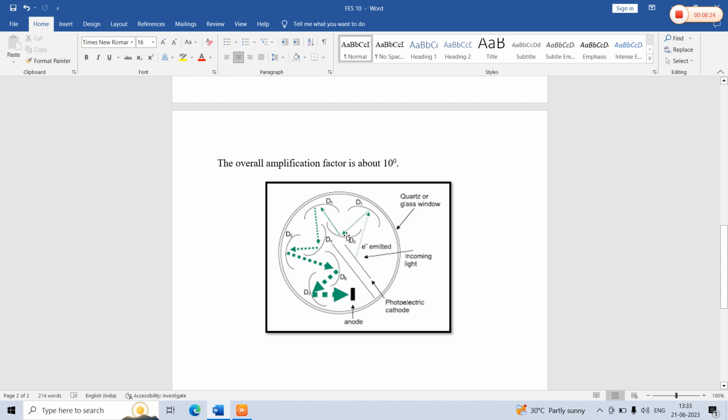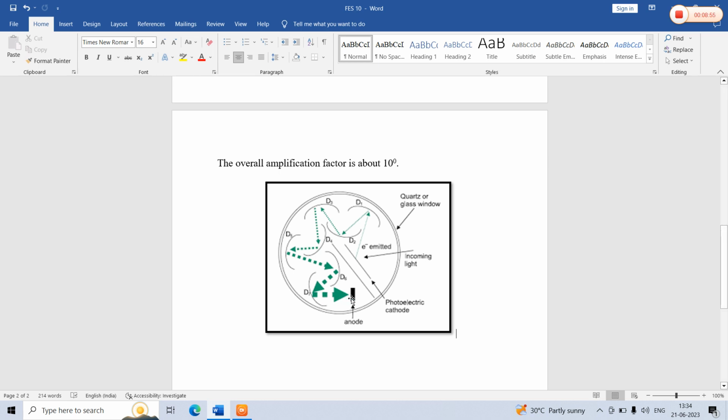Now here this thin line is converted into a successively thicker line. This thick line comes from the dynode surface and is again attracted towards the second dynode. There again a multiplication of electrons takes place, and this multiplication is indicated by thick dotted lines, which are the electrons coming out from the dynode.